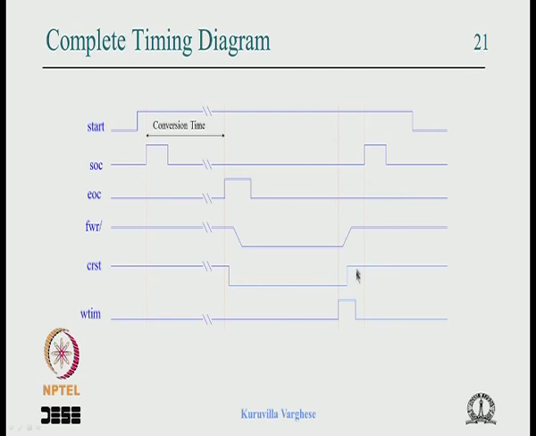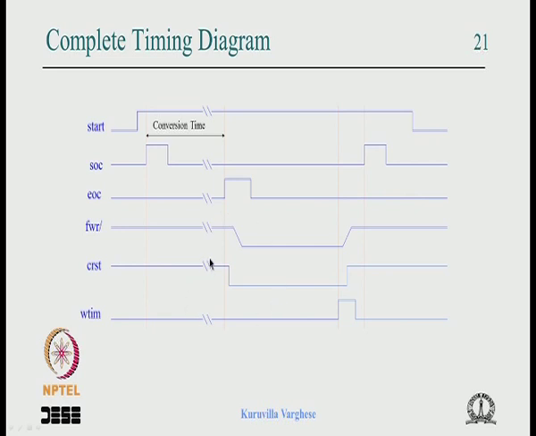But you know that next state can be the starting state itself, because in this state the start of conversion is 0, FIFO write is 1, reset is 1, which is the same as the starting state, so we can go back to the starting state.